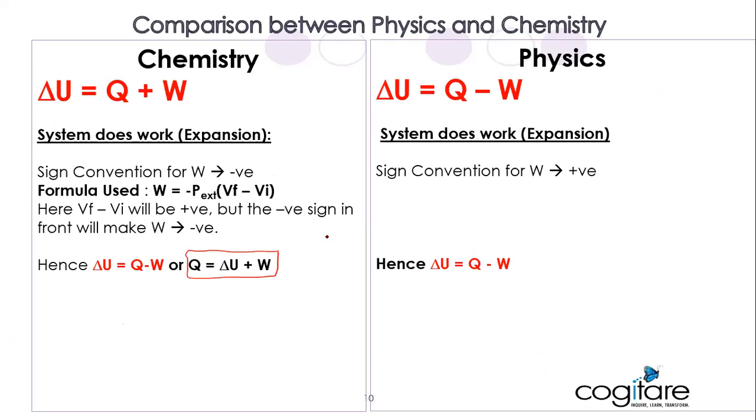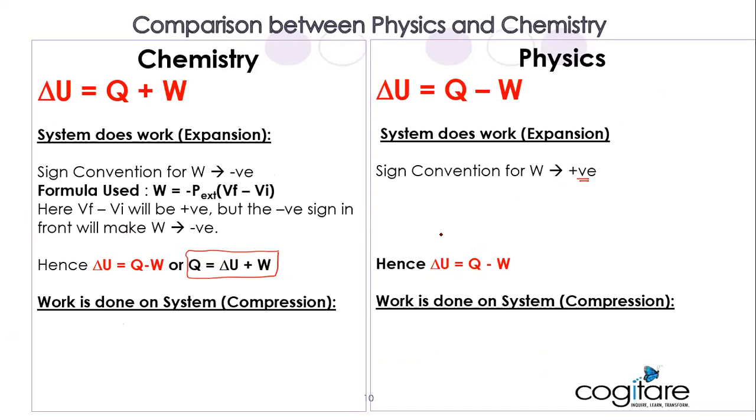Now let's look at what it is for physics. Here, the sign convention means the system doing work is taken as positive. That means for the same case, delta U is going to be Q minus, something is going off here, I'm not getting it.